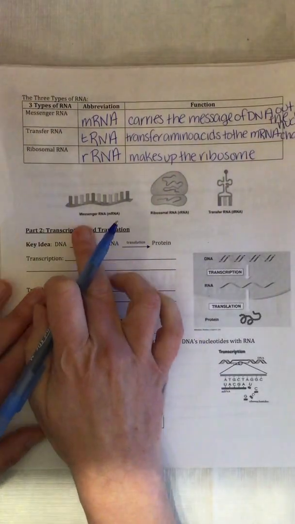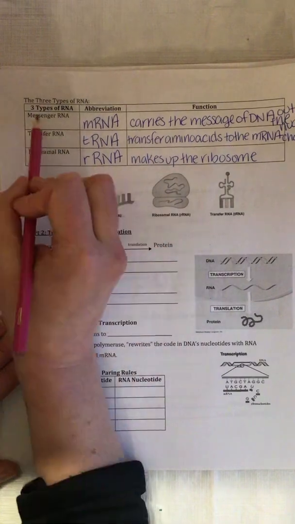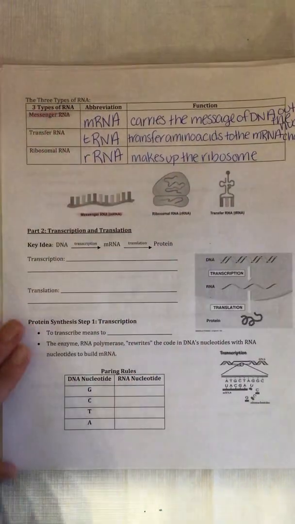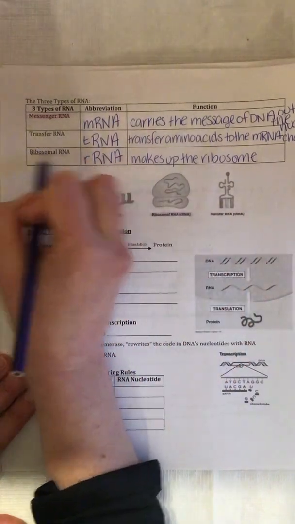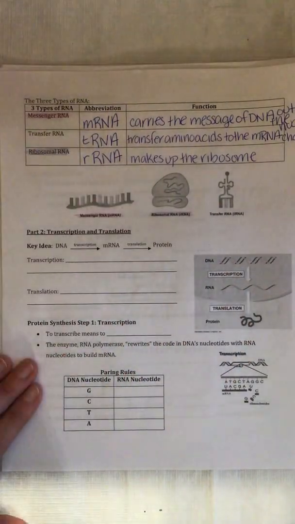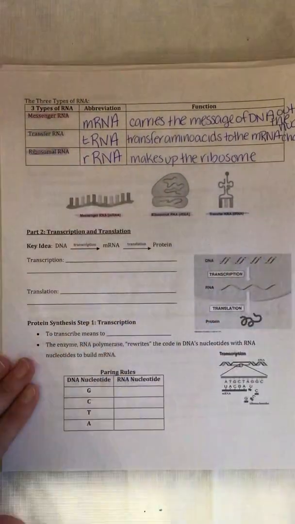And so we have an illustration of it right here. We have our messenger RNA. We have our ribosomal RNA. And we have our transfer RNA.